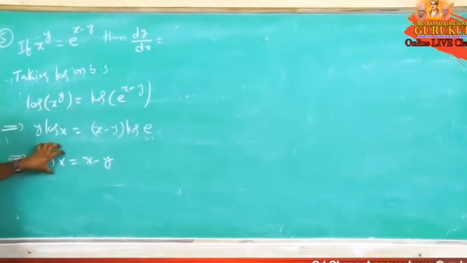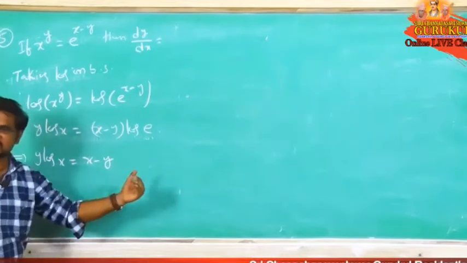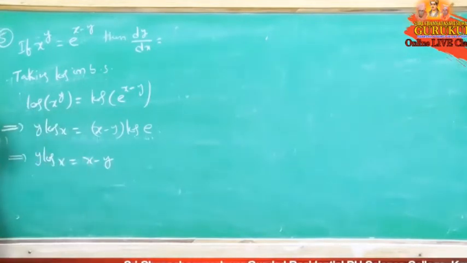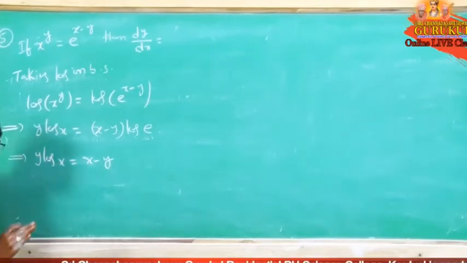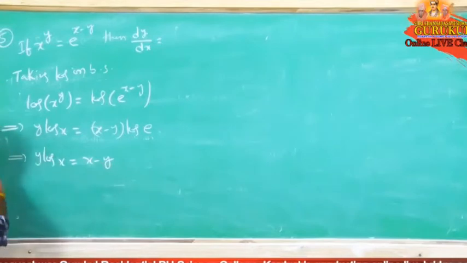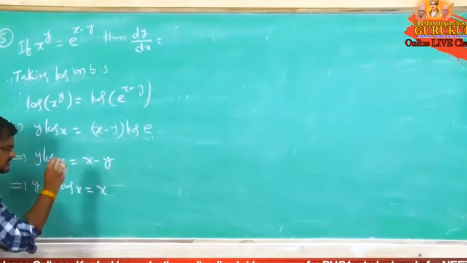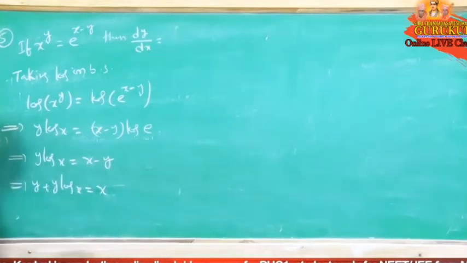So here y log x, here x minus y. Directly you can do the differentiation also. Otherwise, generally if you do this one, you can easily approach the answer. So bring y to this side: y plus y into log x equal to x. If you directly do the differentiation, some simplifications are needed, but here no need, directly you will get it.